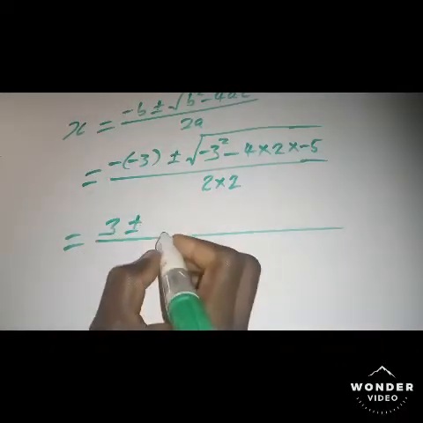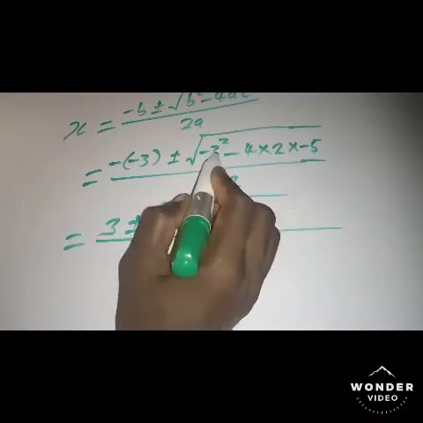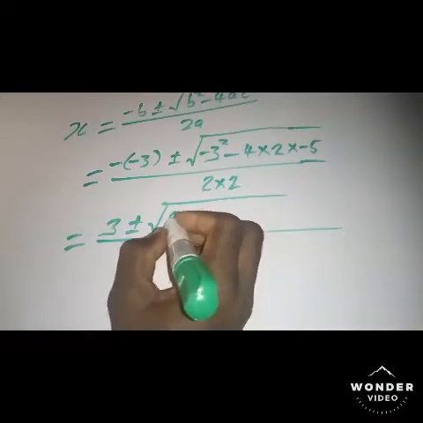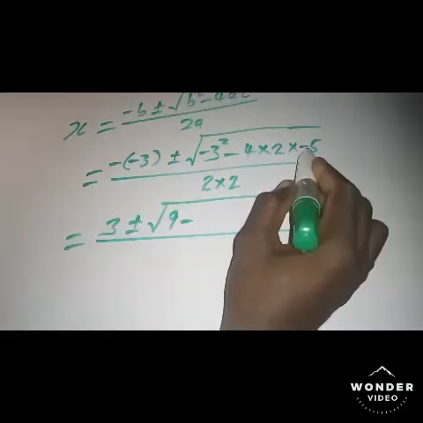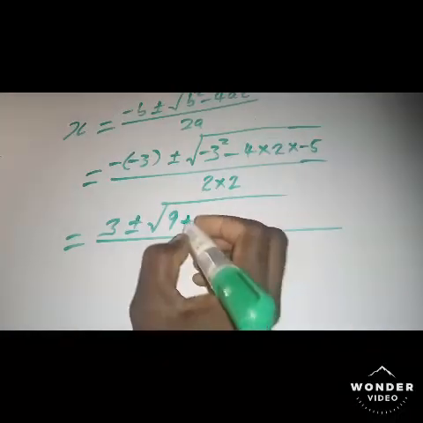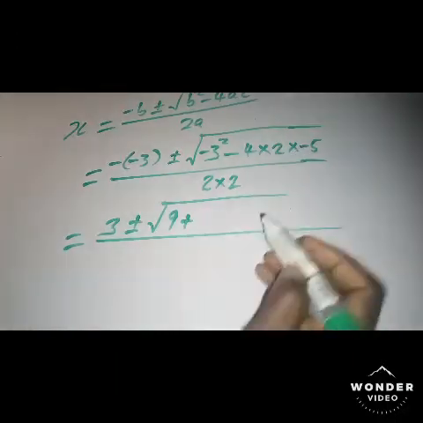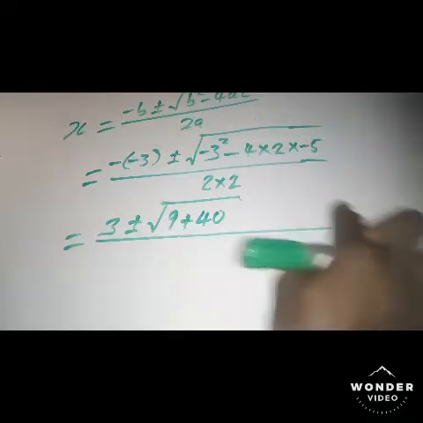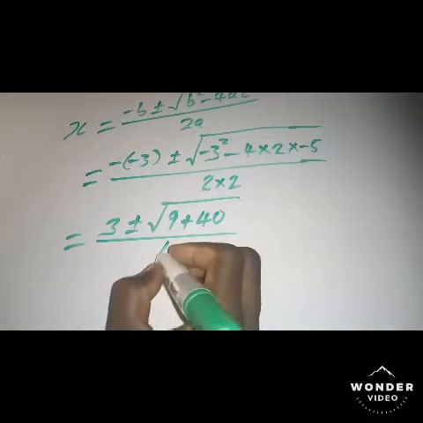Therefore, here you end up getting 3 plus or minus the square root of, (-3) squared is 9. Minus times minus, there you got plus. 4 times 5 you got 20. 20 times 2 you got 40. Therefore you got 9 plus 40. 2 times 2 is 4. Therefore you have 4 in the denominator.